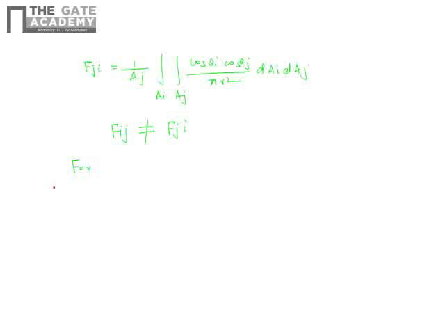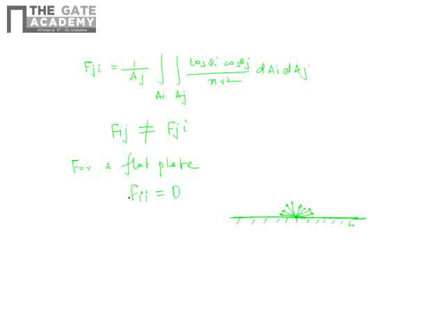For a flat plate, the view factor of the flat plate with itself is equal to 0. If this is a flat plate and it emits energy in all the directions, this emitted energy can never be incident on the flat surface itself.